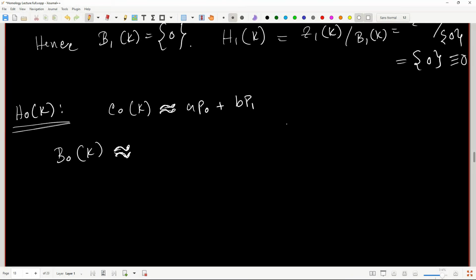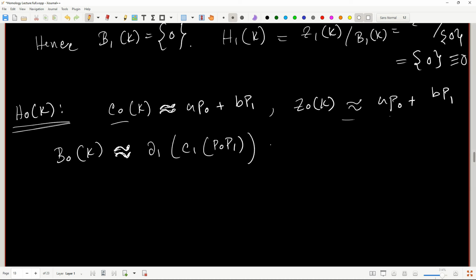And you can easily see that the z0 of k will also assume this form. Why? Because take an element from the chain group, apply the boundary operator, it goes to 0, right? So that's why they're the same thing over here. Since I showed that in the previous two examples, I'm not showing it on this one. And now we want to compute how the elements look like in the boundary set, or the 0 boundary. So this is del 1 c p0 p1 equals to c p1 minus p0.